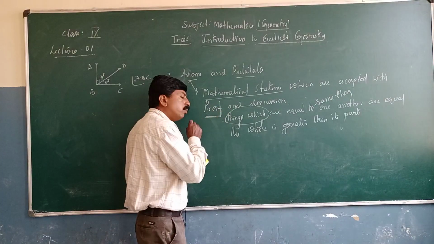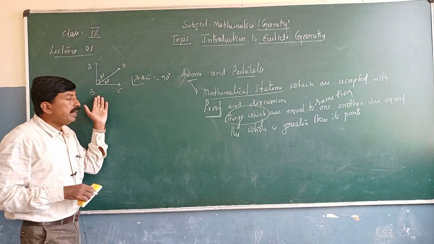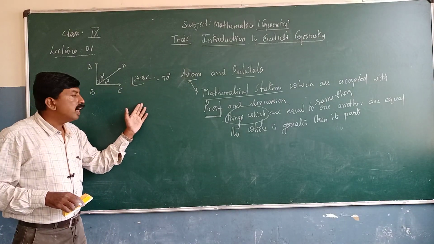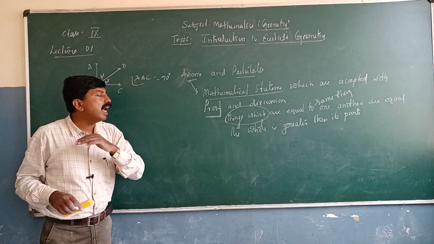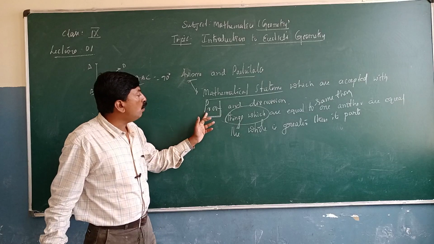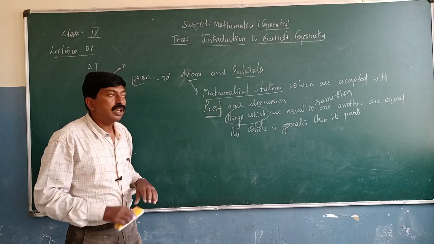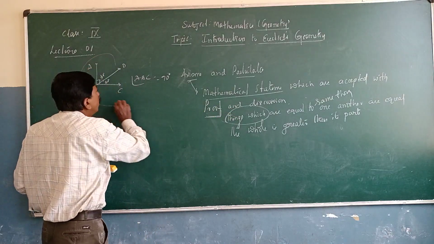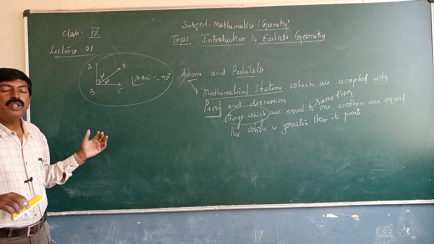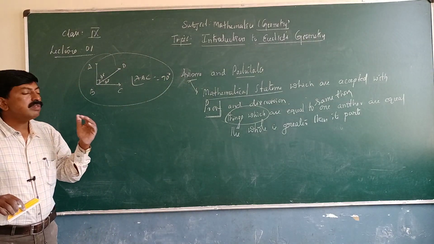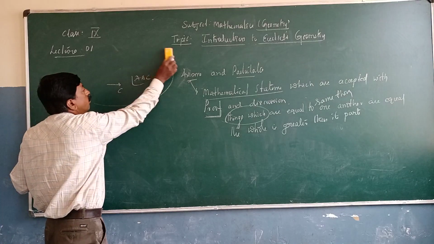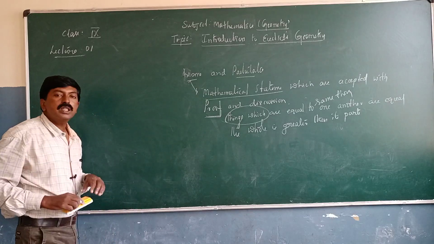Proof means we did it practically. Therefore axioms are the mathematical statements which are accepted with proof and discussion.